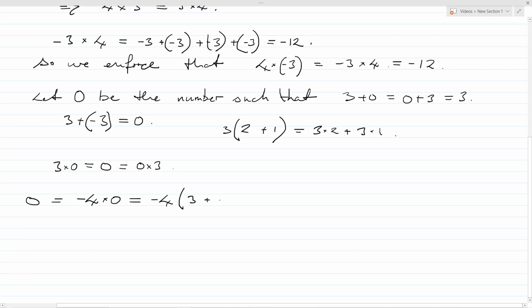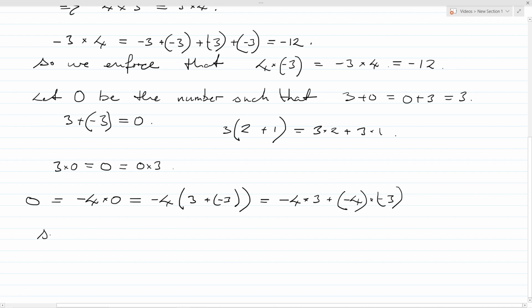We use our distributive action defined here, so minus 4 times 3, and then we distribute here, because this is the thing we actually want. So we add negative 4 times negative 3.